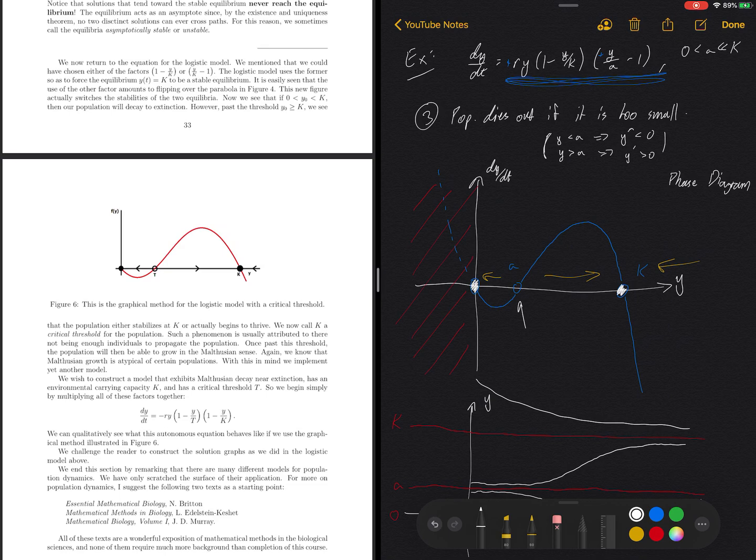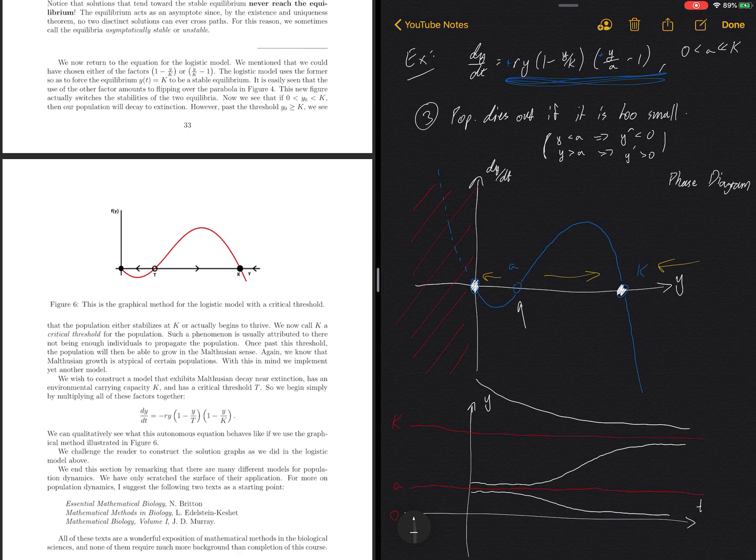There is another way for you to solve a differential equation without actually solving it, without actually finding an explicit solution. So there is a place for graphical solutions. And for more on this, I actually have a playlist on dynamical systems, which you are more than welcome to peruse at your leisure.